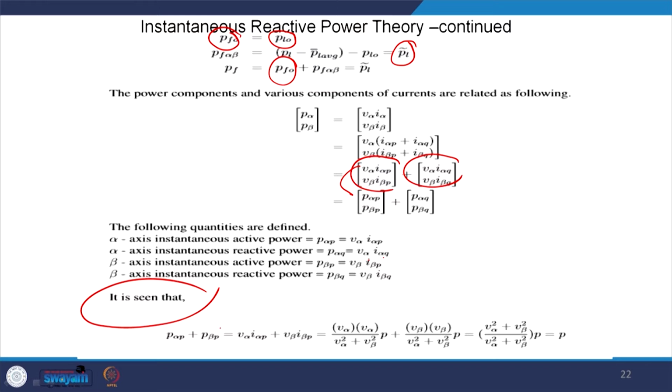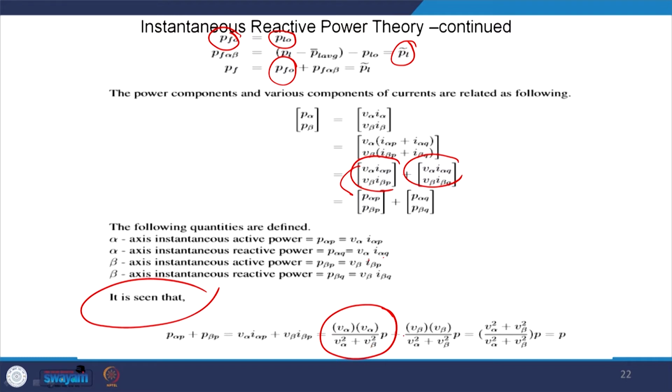This is the real power, essentially P alpha P plus P beta P, that will be V alpha into I alpha P plus V beta into I beta P, and these terms will be coming from this determinant. Solving the determinant, that is V alpha into V alpha, and that is a determinant term V alpha square plus V beta square into the total power.